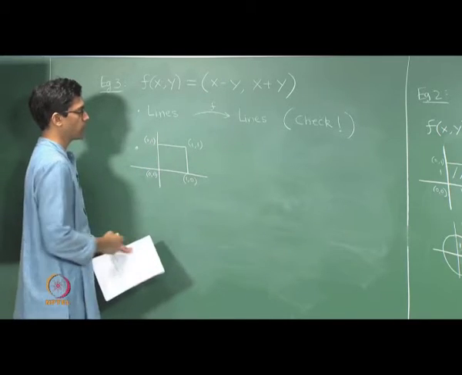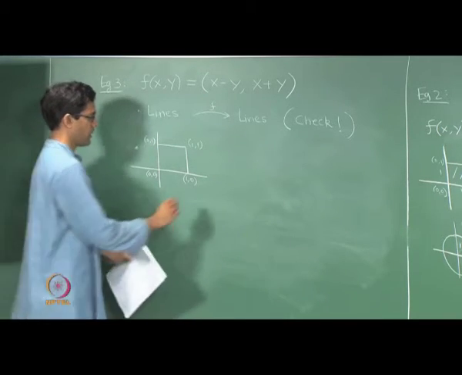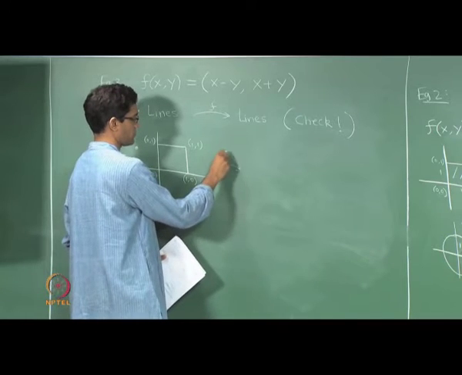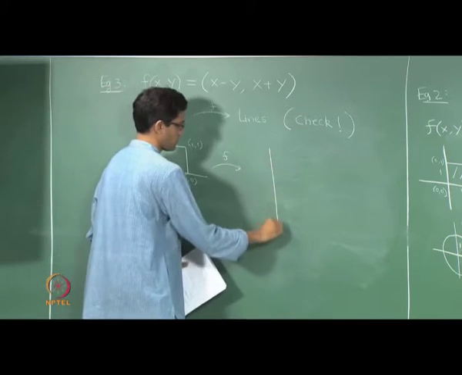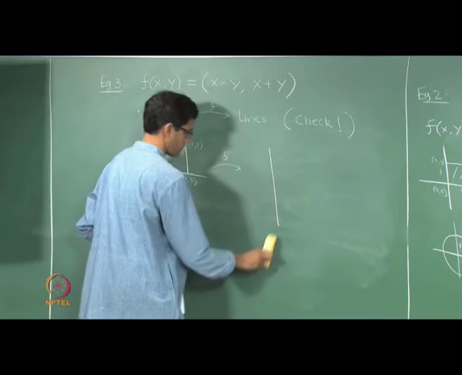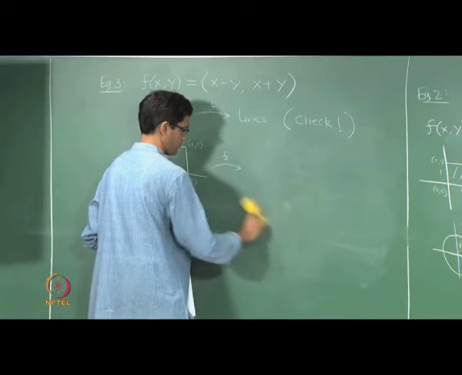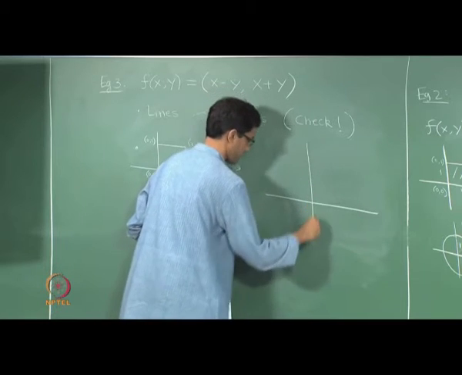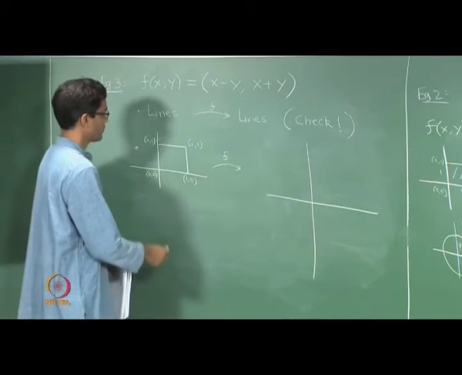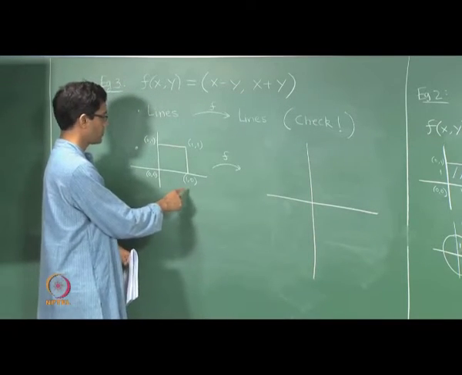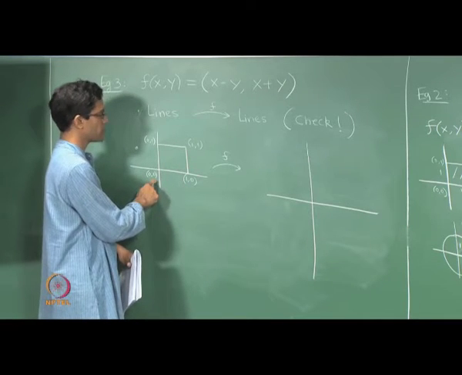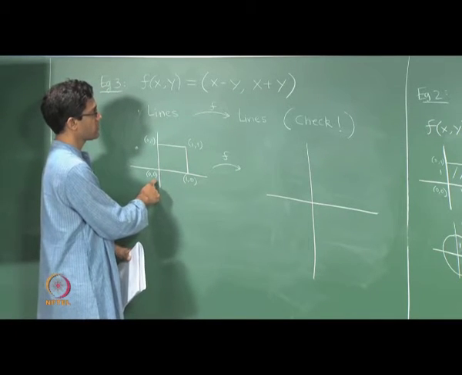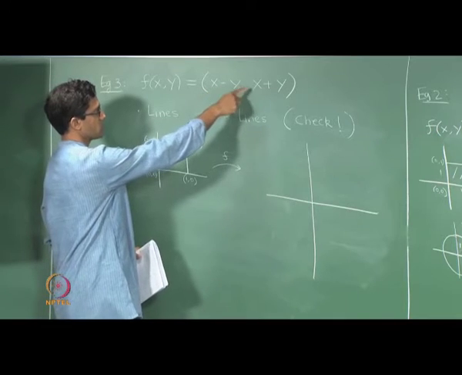Let us figure out what happens to each of these 4 points under this transformation f. So, let us apply the transformation f. For a start, observe that the origin (0, 0), if I apply f to it, I will just get (0 minus 0, 0 plus 0).